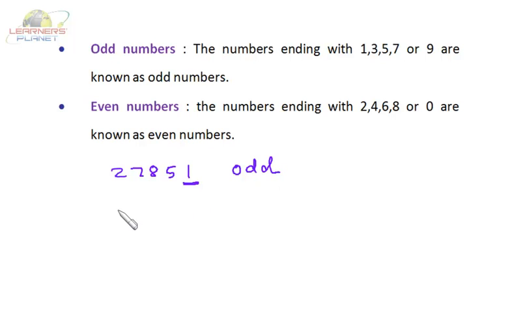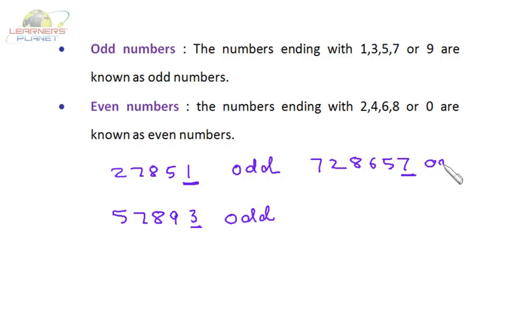Okay, now let's take the next example, 57893. Further, just see the unit digit, which is 3 over here. So further the number will be odd. Okay. Now, suppose I have a number 72867. Further, just see the unit digit. It is 7. That means this number will also be odd. Okay.